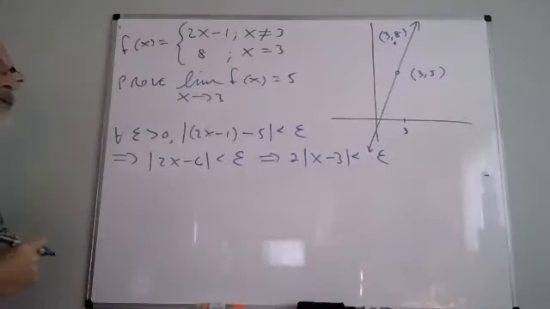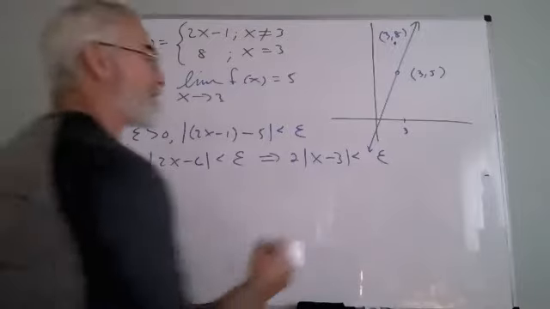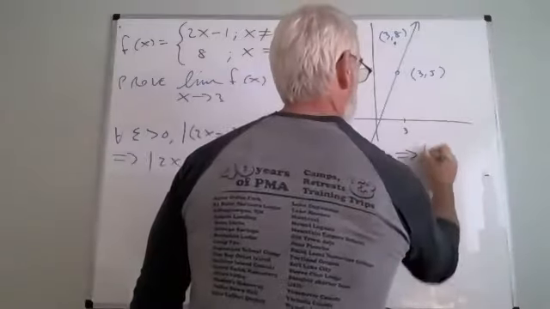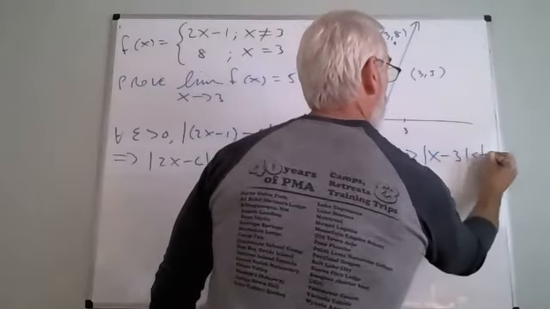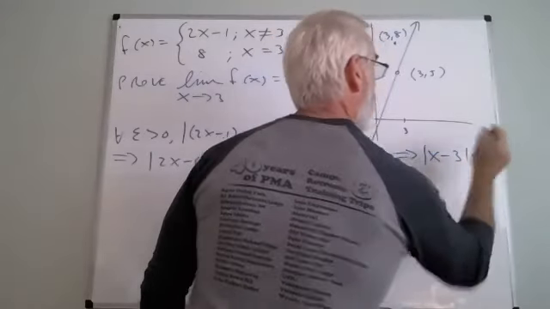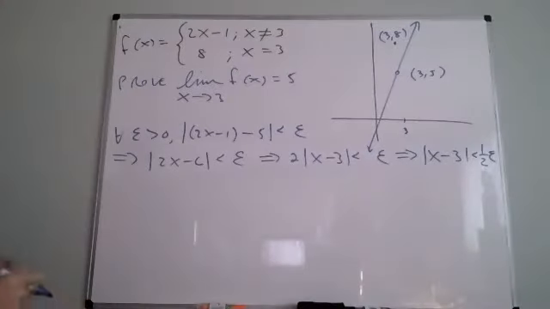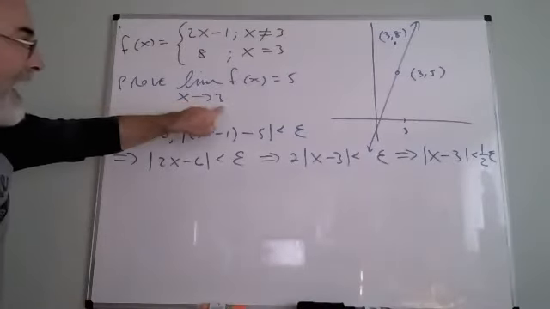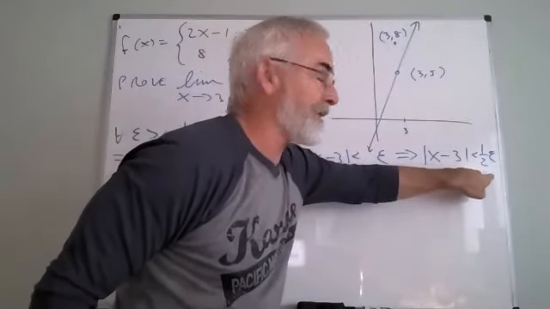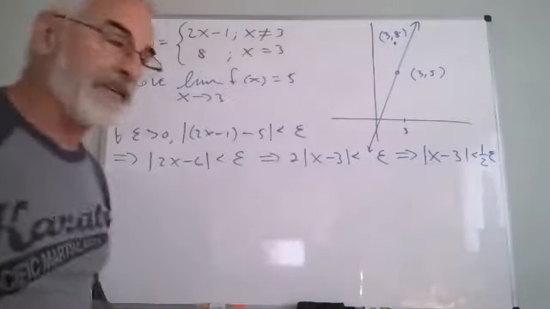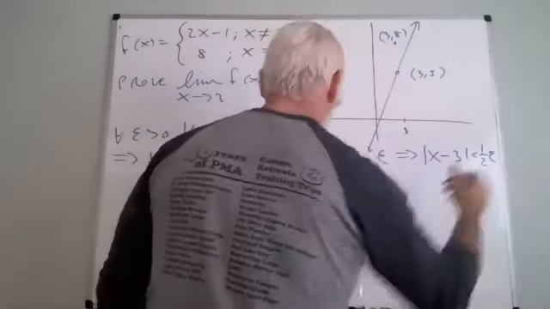And I can simply multiply both sides of an inequality by the same positive value to preserve the inequality. So that would imply that the absolute value of x minus 3 is less than 1/2 of epsilon. Now I have it exactly in the form I need. You see, x is approaching a, x minus a needs to be less than delta. So clearly our choice of delta is going to be 1/2 epsilon.